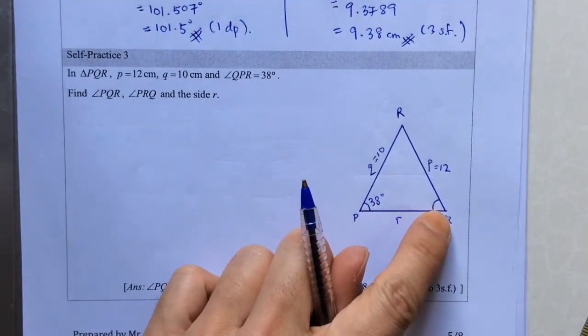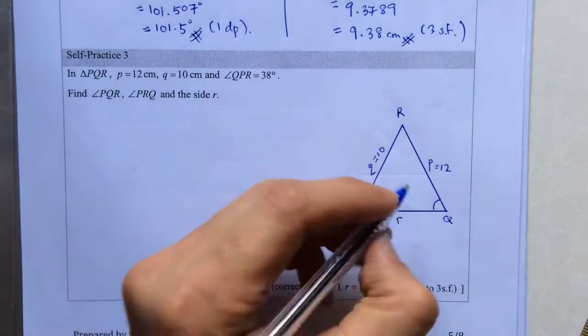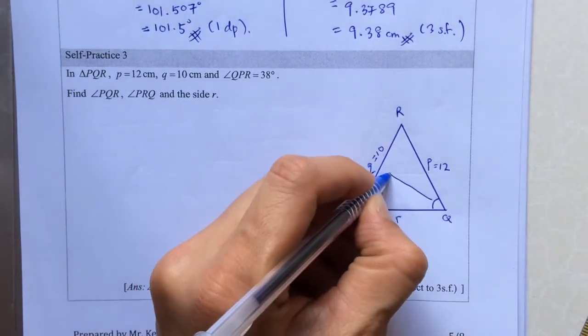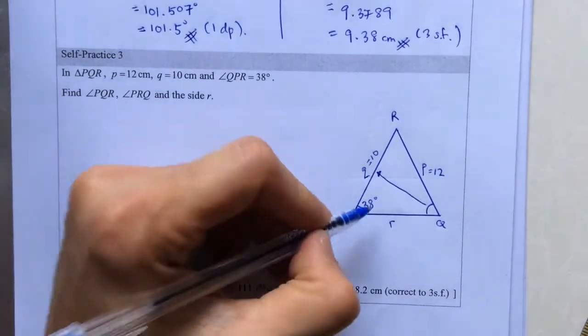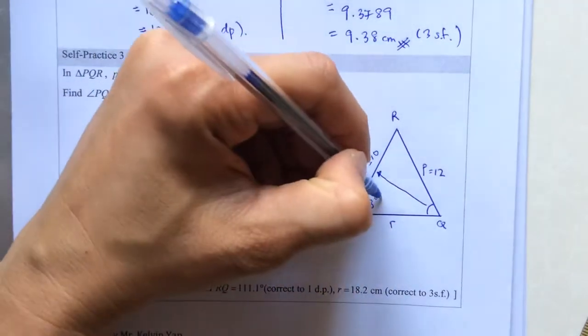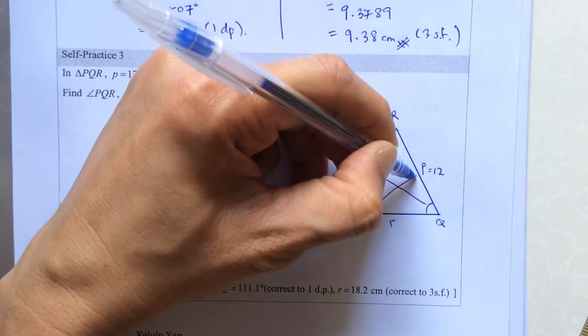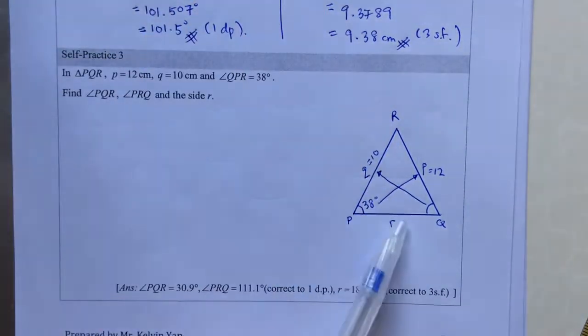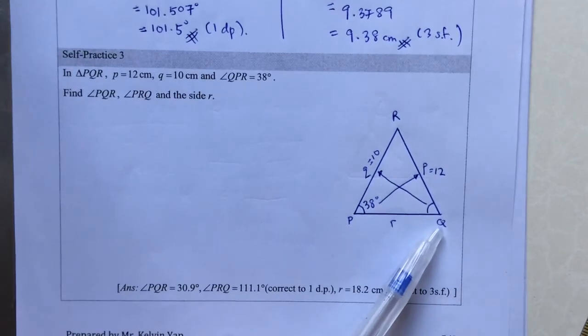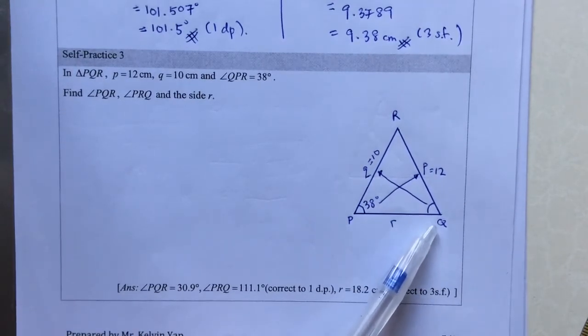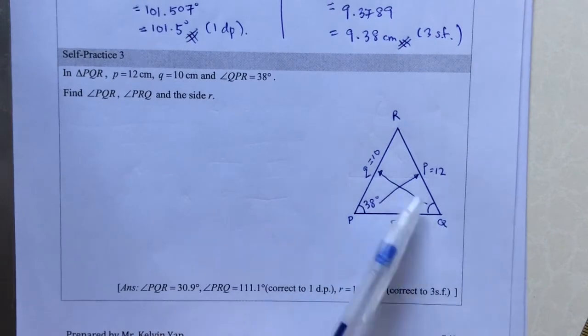PQR is related to the length 10, and we have 38 and 12 as a pair, so angle to the side again. So we have a nice cross again, and we can use the sine rule. We will use the second version of the sine rule because now we have an unknown angle, PQR.